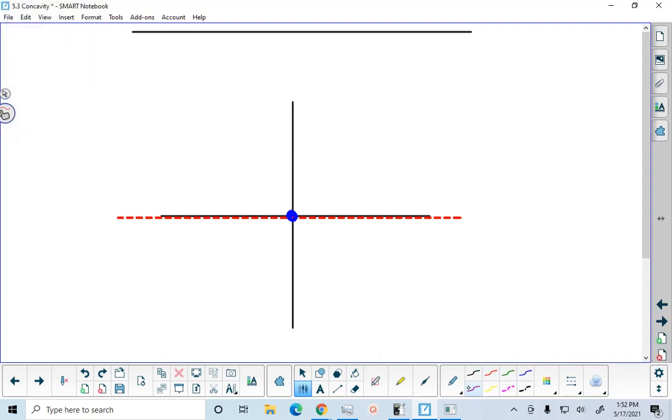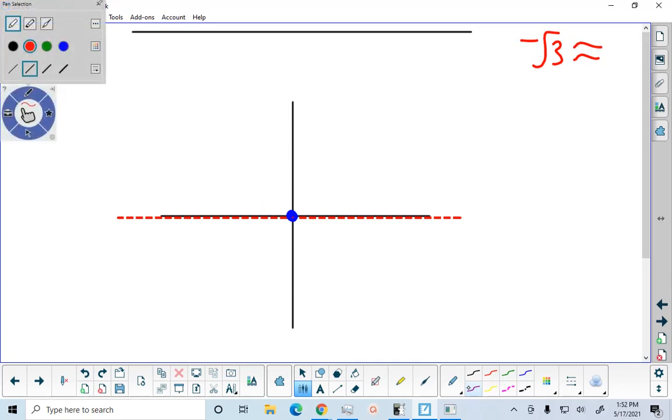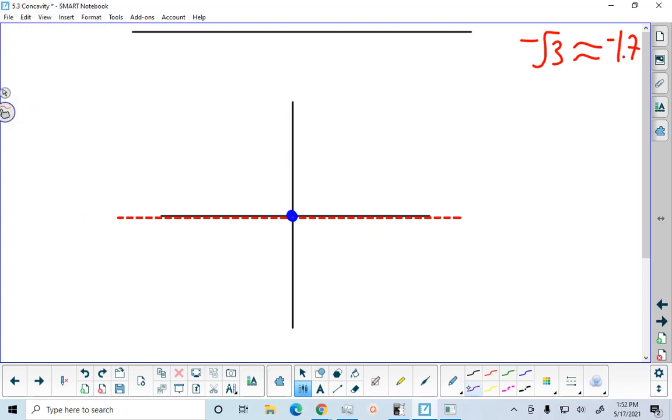I believe -√3 is approximately -1.7, I think. Yay or nay? Okay, so we have something happening at 1, at -1, at -1.7 and +1.7.